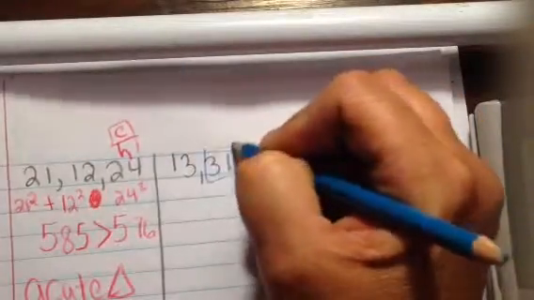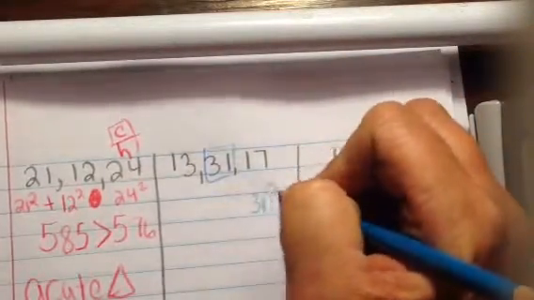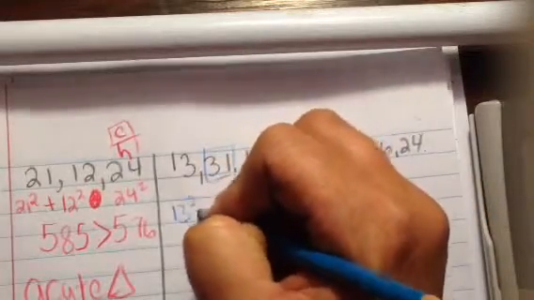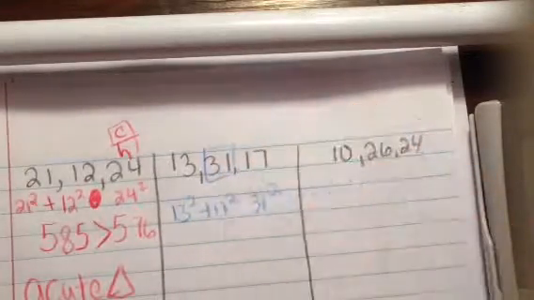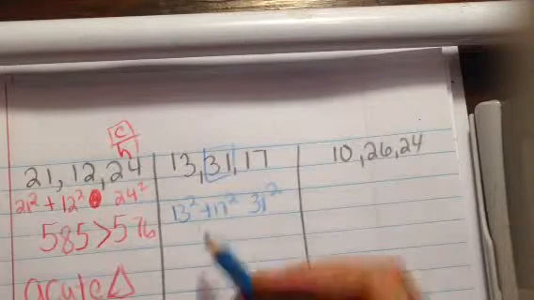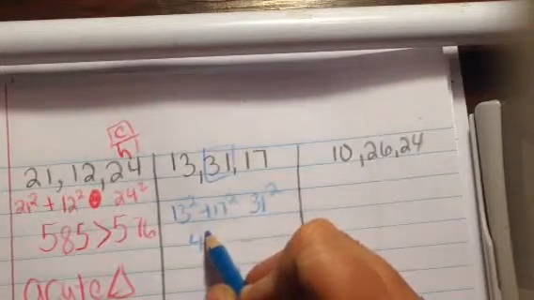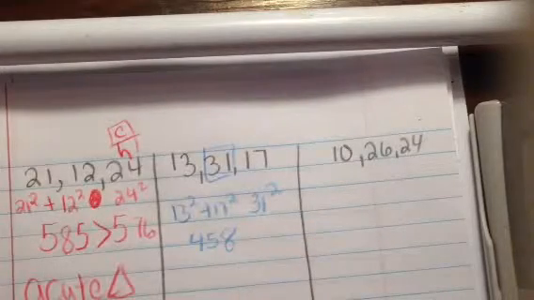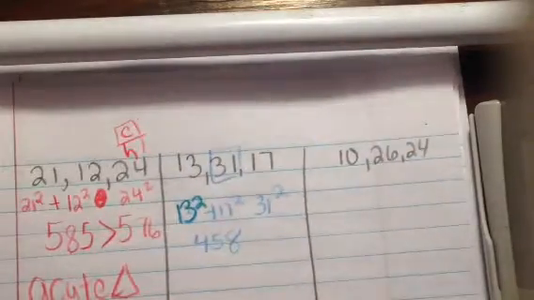Here's our hypotenuse. This side is 458.